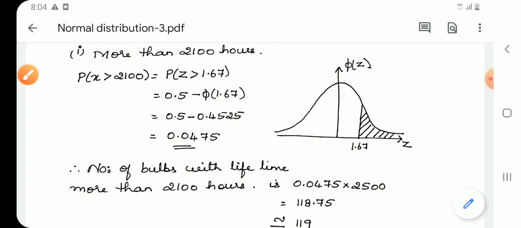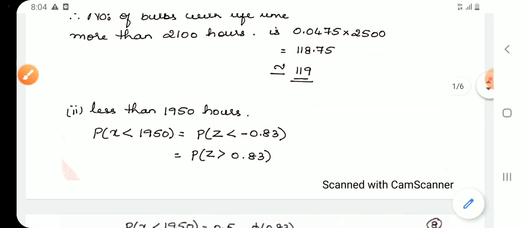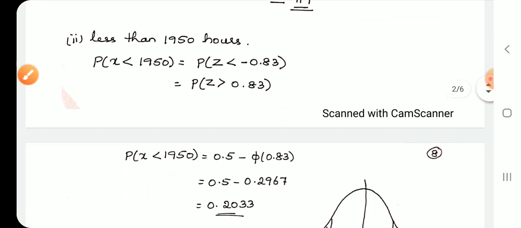When we multiply this, we get the value as 118.75, which is approximately equal to 119. Therefore, among the 2500 bulbs, the number of bulbs with a lifetime more than 2100 hours is 119. So let us move on to the next problem.